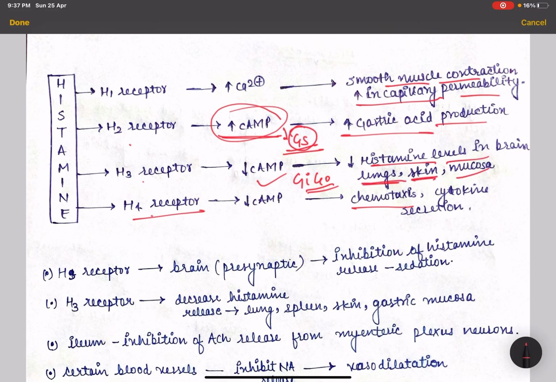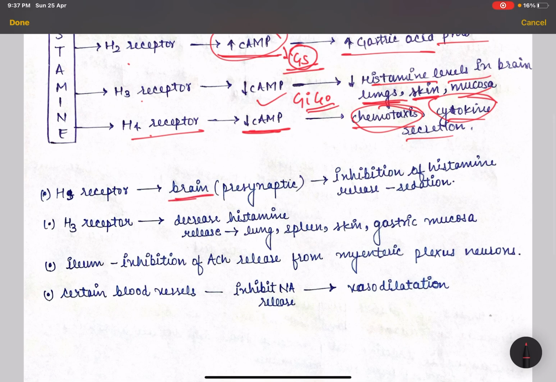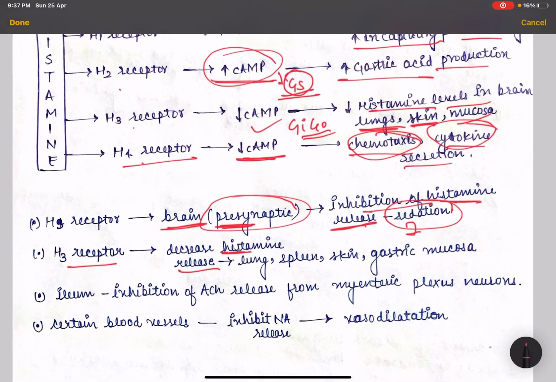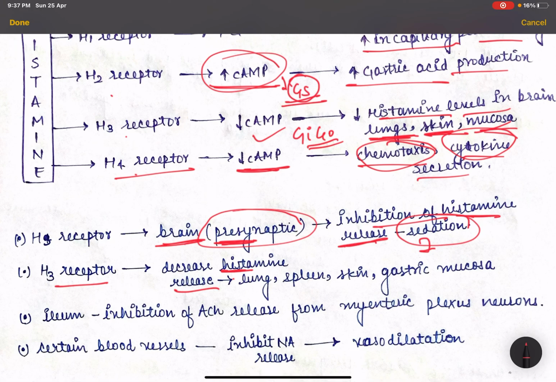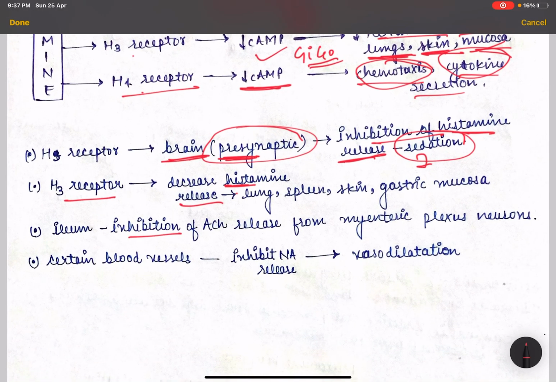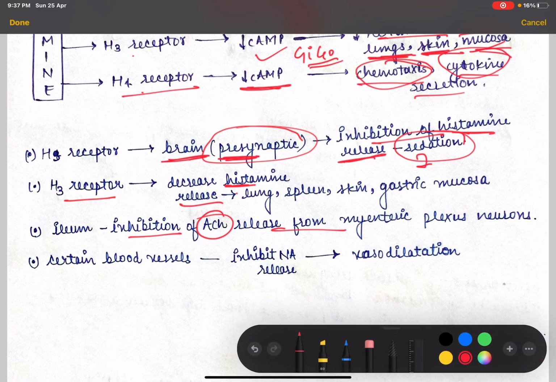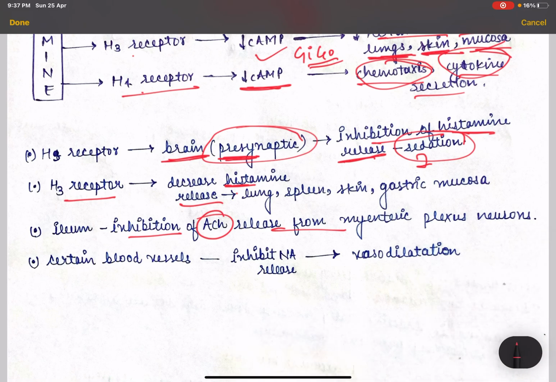And the H4 receptor, we have discussed, decreases cyclic AMP and is chemotactic, and it also causes cytokine secretion. H3 receptors, which are present in the brain, are presynaptic receptors and they inhibit histamine release, so they cause sedation. Second, H3 receptors decrease histamine release from the lungs, skin, mucosa, etc. And in the ileum, inhibition of acetylcholine release from mesenteric plexus neurons is also because of H3 receptors.